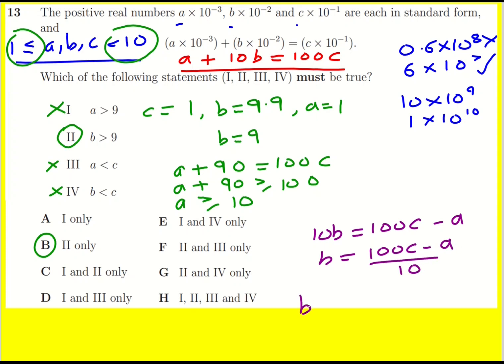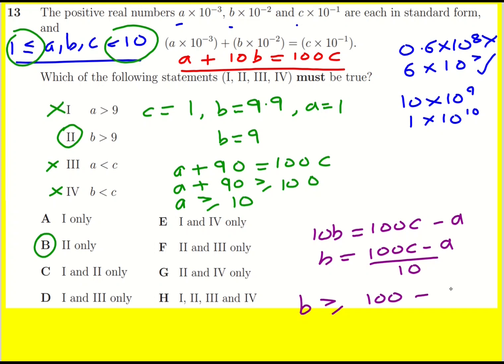And therefore B is going to have to be greater than or equal to the smallest value of C, which is 1, minus the highest value of A, because that's how I'm trying to get the lower bound here. So I want to use the lowest value of this and the highest value of this.